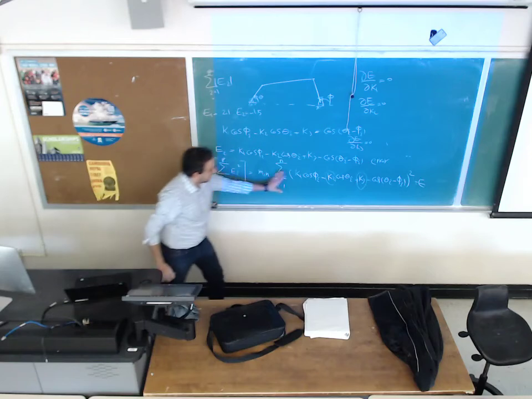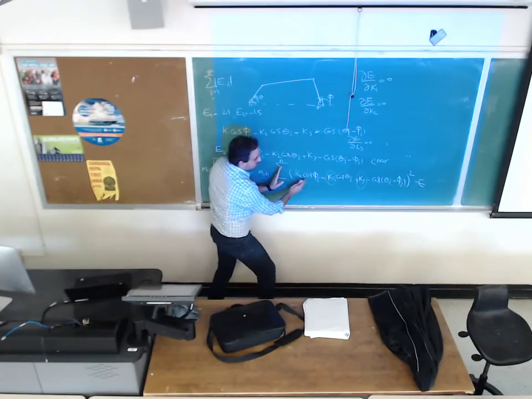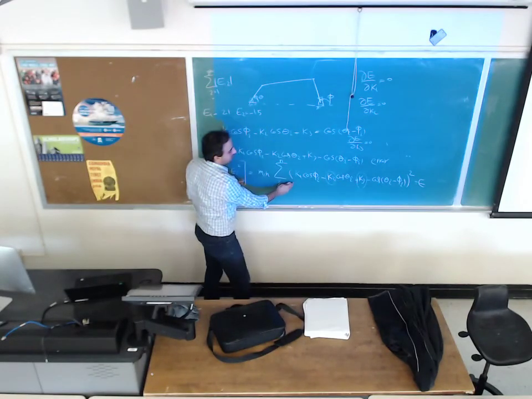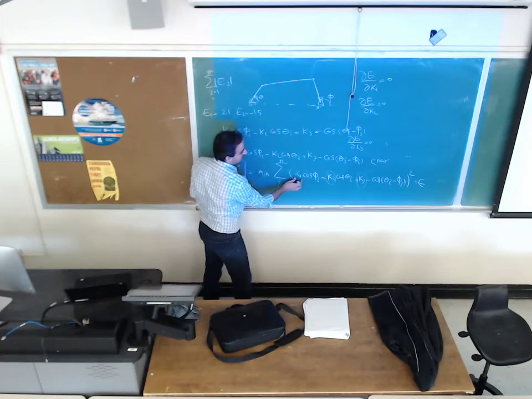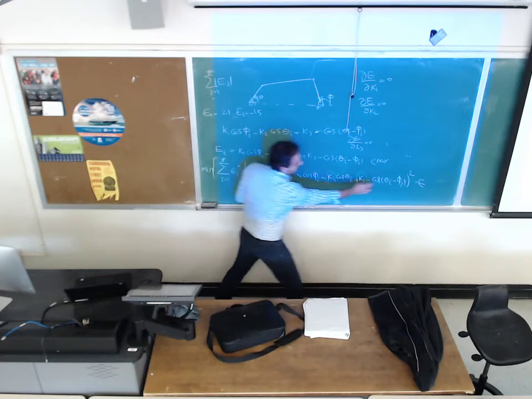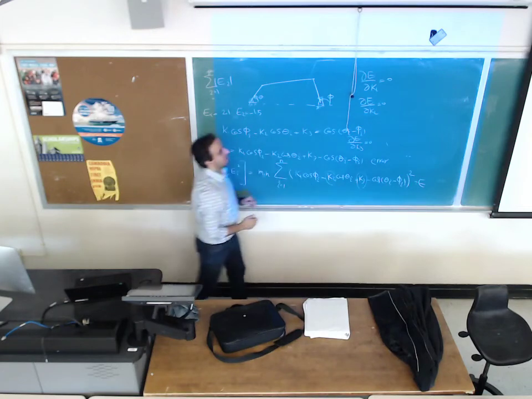Look at this. If I want to differentiate this with respect to K1, the only term which has K1 is this one, and we have the square here.